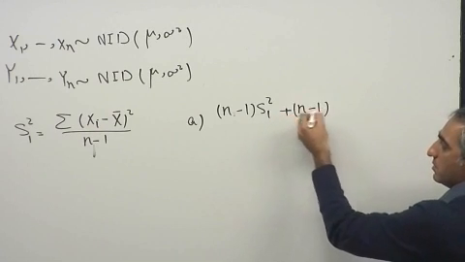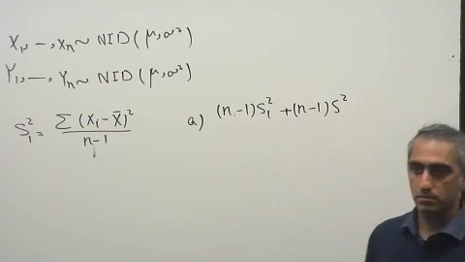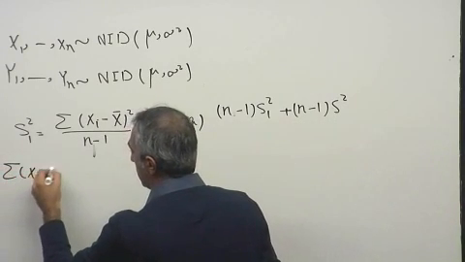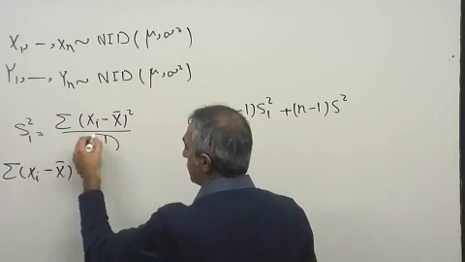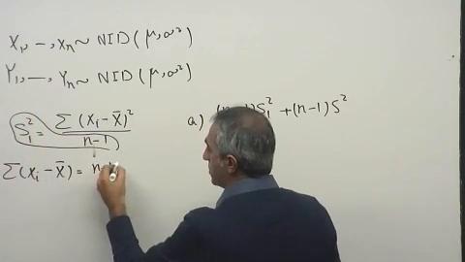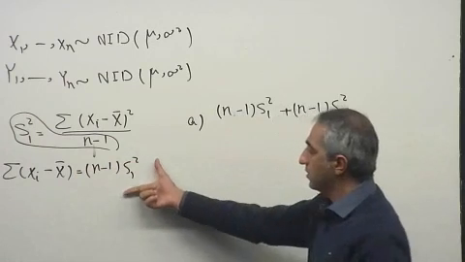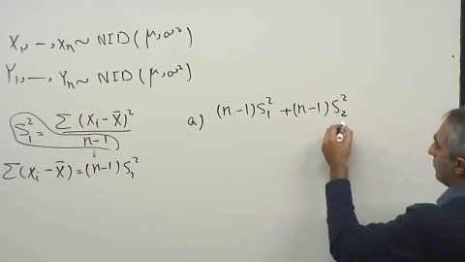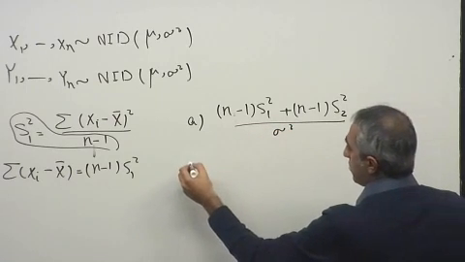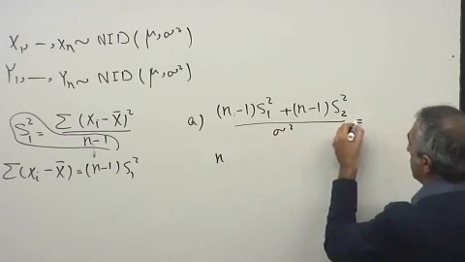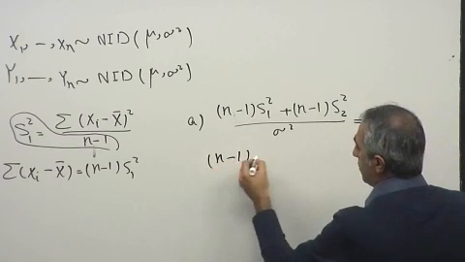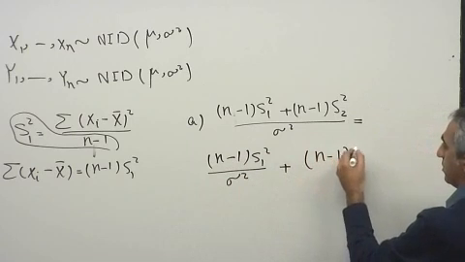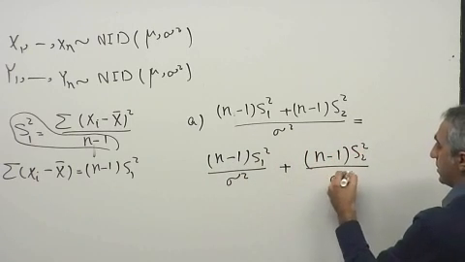N minus 1 is S2 squared. That's because the summation of xi minus x bar, I just multiply these two, is n minus 1 times S1 squared. Similarly for the y's, and then divided by sigma squared. So I'm going to separate that. This is equal to (n minus 1) S1 squared over sigma squared plus (n minus 1) S2 squared over sigma squared.